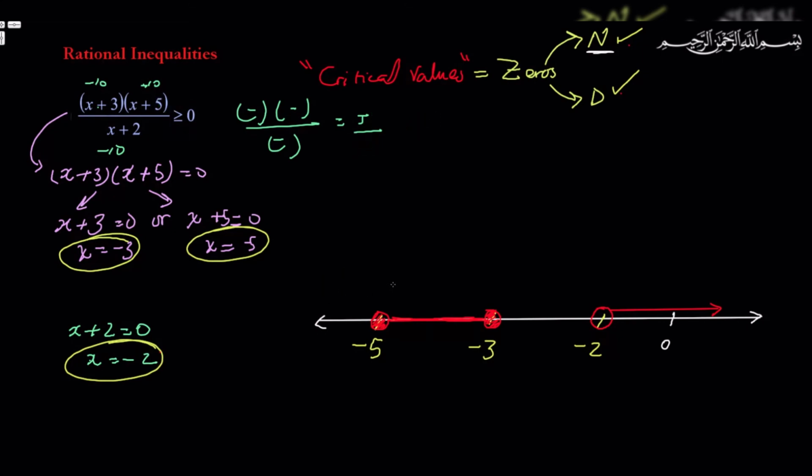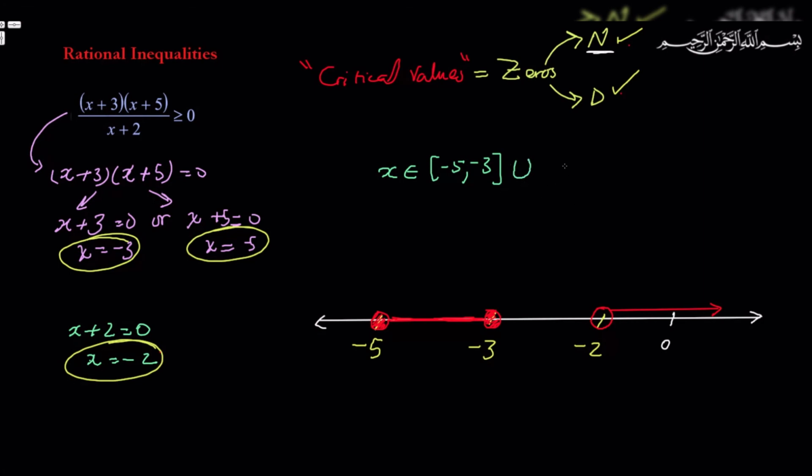So the solution to this inequality, as you can see, are those two intervals that I have drawn here on the number line. So you can write the solution as this: x is an element of this particular interval, negative 5 and negative 3, and also this interval. You can write it with the union, or x is an element of negative 2, and it goes to positive infinity like this.